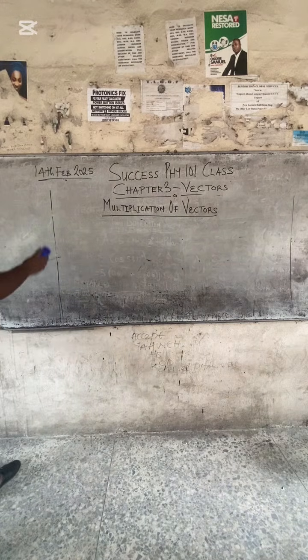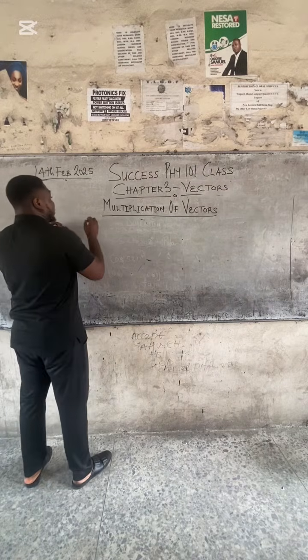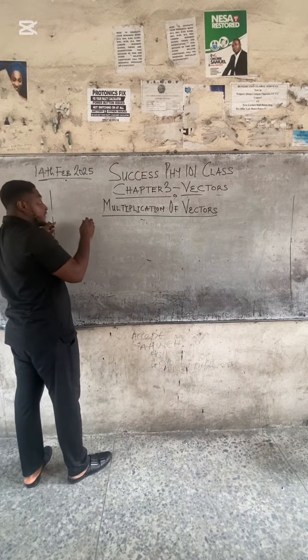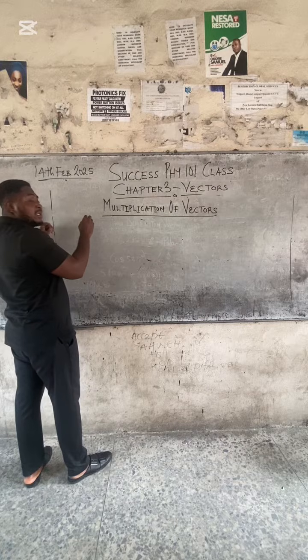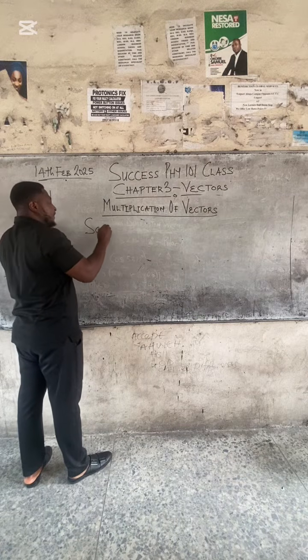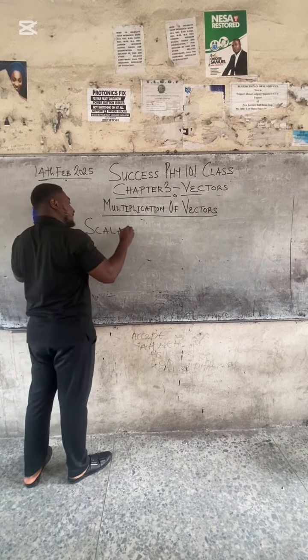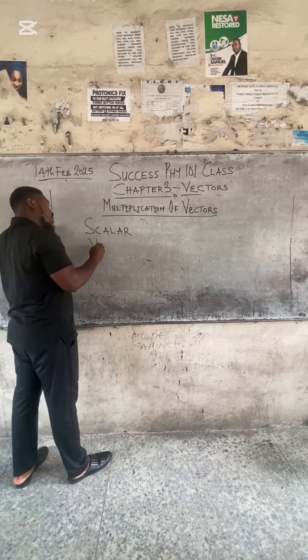Class, there are two methods to multiply vectors. There are two methods to multiply what? We have what we call the scalar product. And we have what we call the vector product.